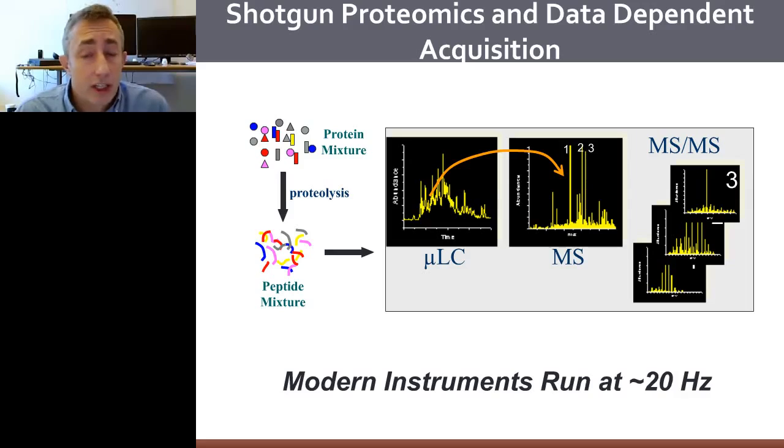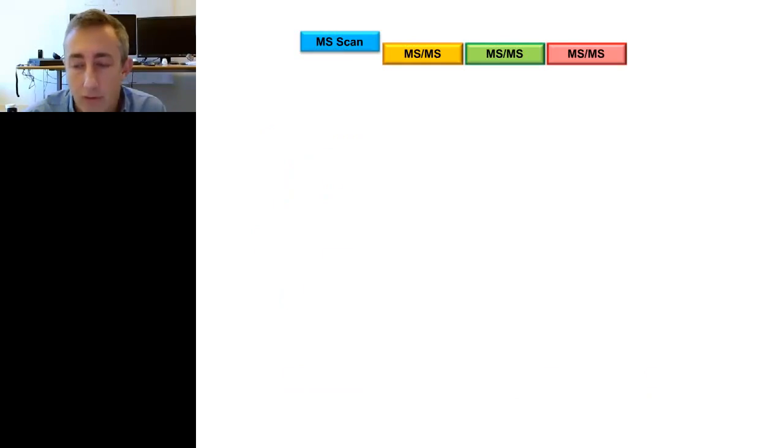Modern instruments are getting extremely fast, so we can now collect data at about 20 hertz, or 20 MSMS spectra a second. Hardware-wise, this has been an enormous feat of engineering to overcome and perform.